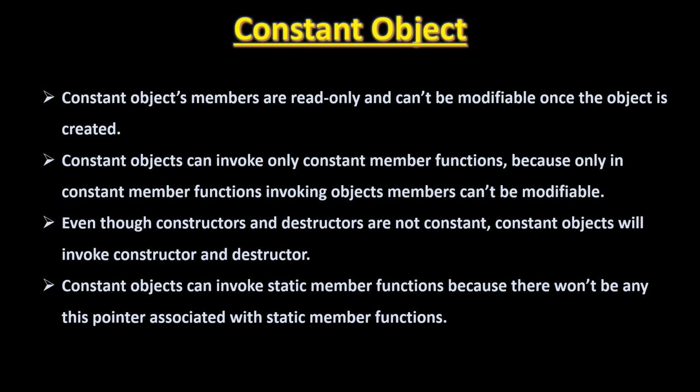That means the invoking object is treated as constant in constant member functions, and is not treated as constant inside non-constant member functions. That is the reason a constant object can invoke only constant member functions.